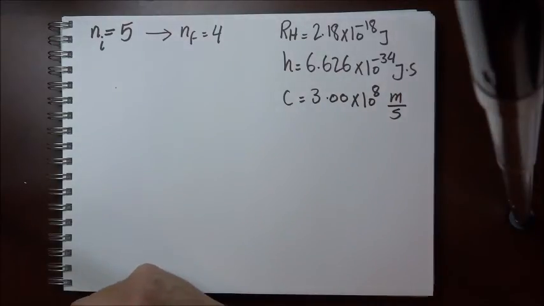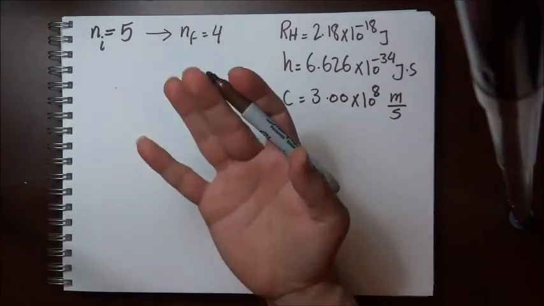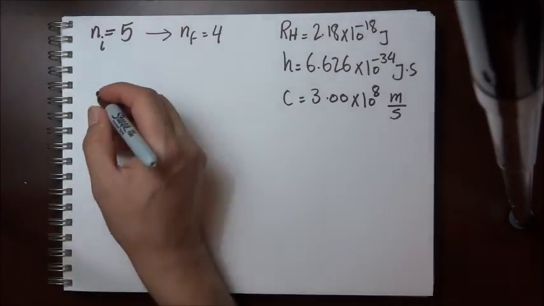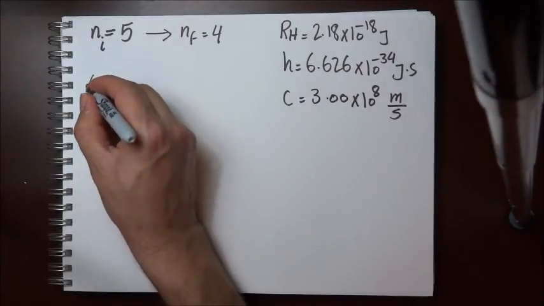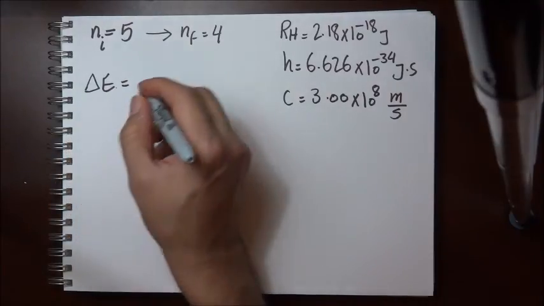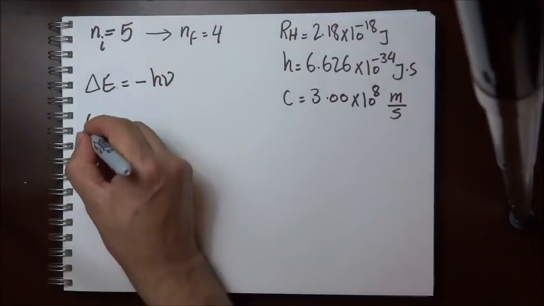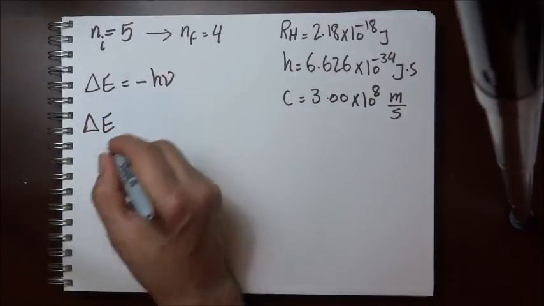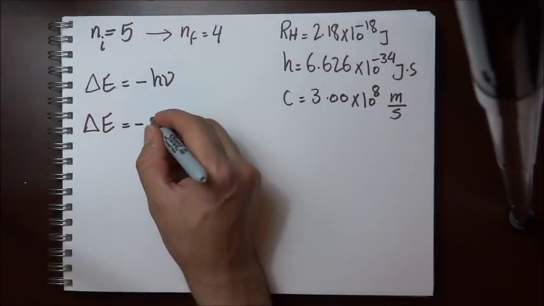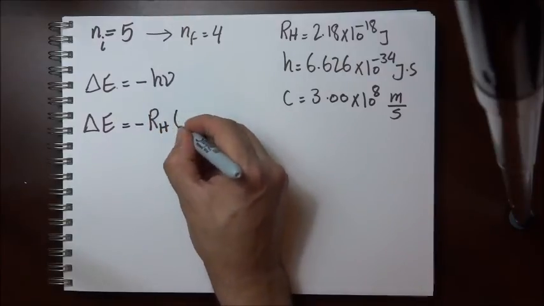Now you can use all these constant numbers and calculate frequency and wavelength of this electron transfer. I go with this fact that delta E for this electron transfer is equal to minus h nu. And I know delta E I can calculate it through this formula.